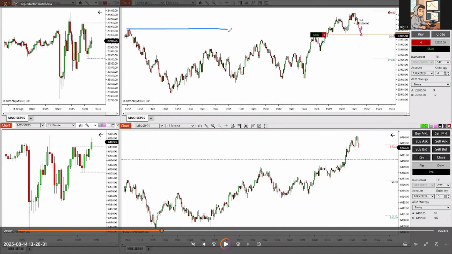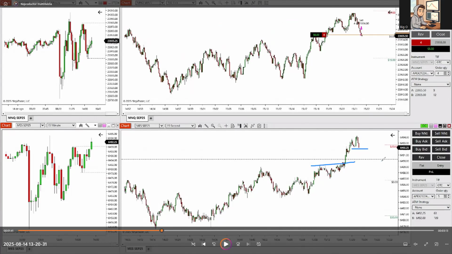So why did I take the setup on the Nasdaq and not the S&P 500? Well, that's pretty easy. Even if I'm trading the end of day divergence, I'm always going to look for that price failure.